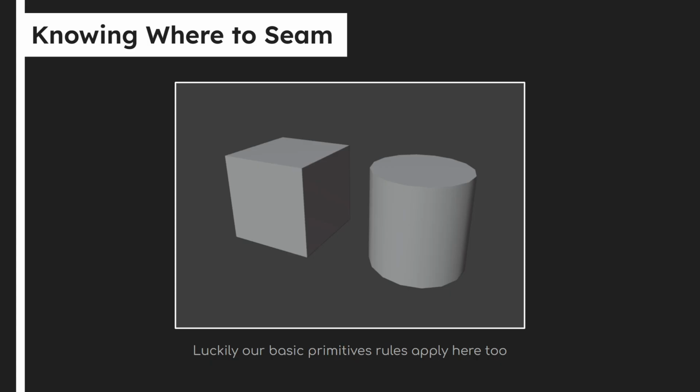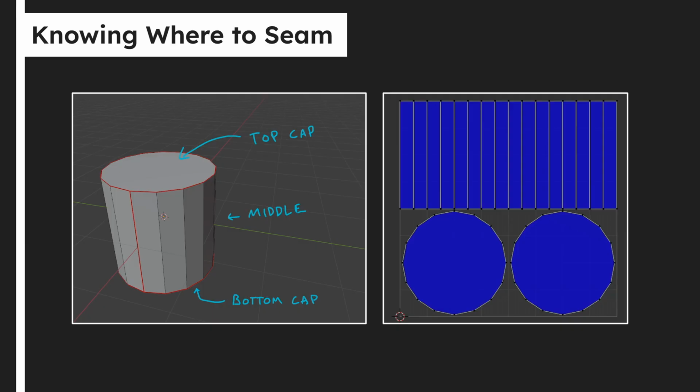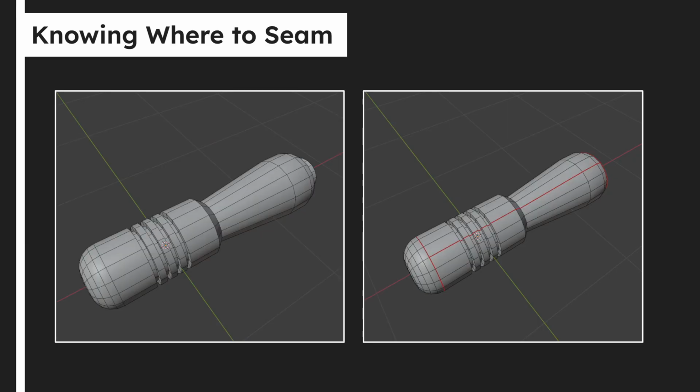Basically, just imagine everything is a cylinder. So when we unwrap cylinders, like in that live example, we have a top cap, a middle that unwraps flat, and a bottom cap. And you're always going to end up with roughly this sort of setup. Even though we add complexity, most objects are still going to fall into some category of square, cube, or cylinder.